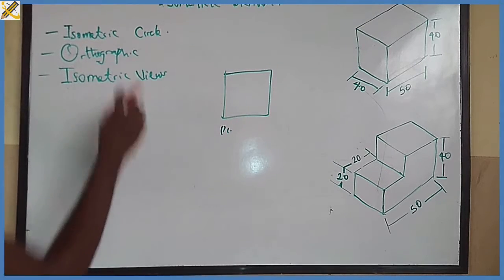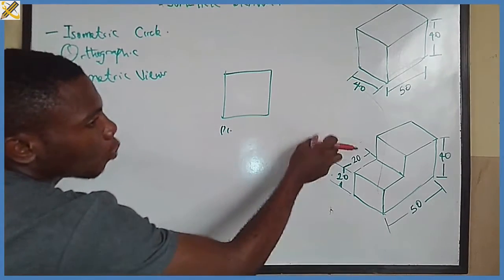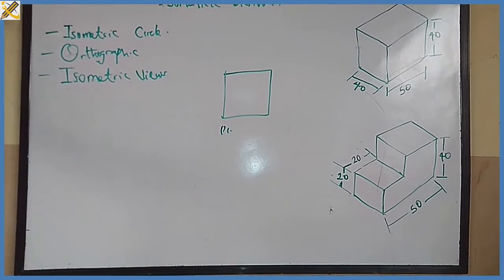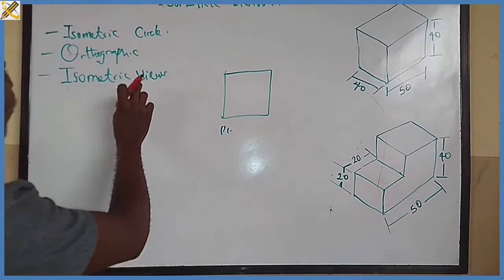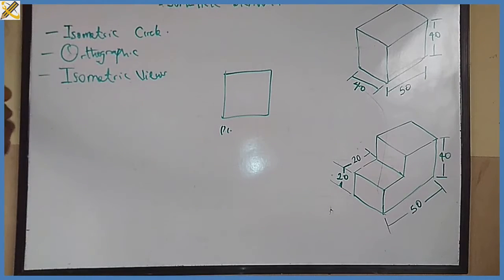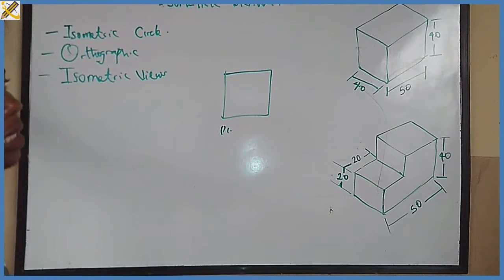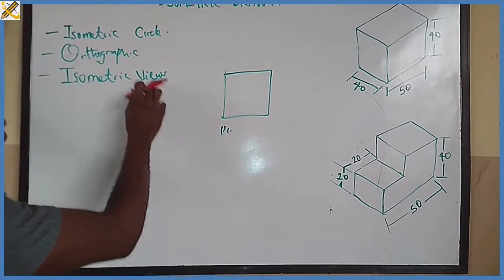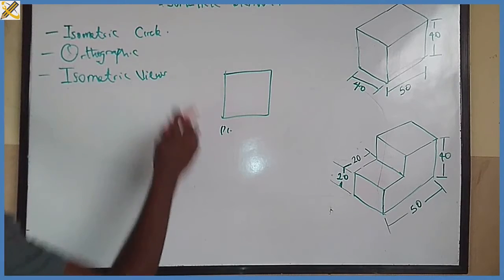Orthographic simply means we are going to be converting from three-dimensional, that is from isometric drawing, to two-dimensional. That is what orthographic entails. While isometric view simply means we are going to be converting from plane figure like this to pictorial figure, that is from orthographic drawing to isometric.